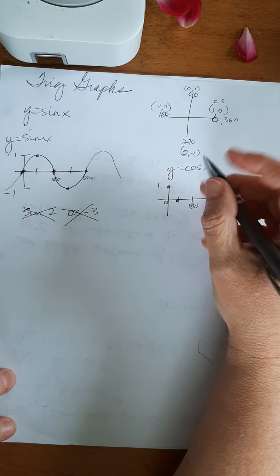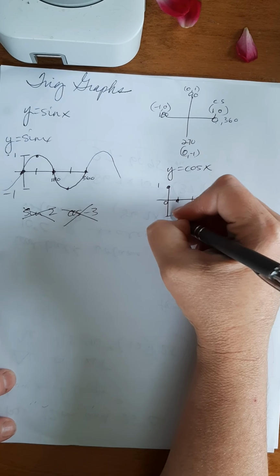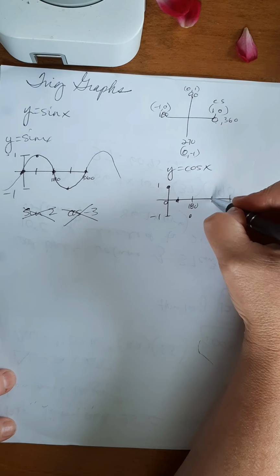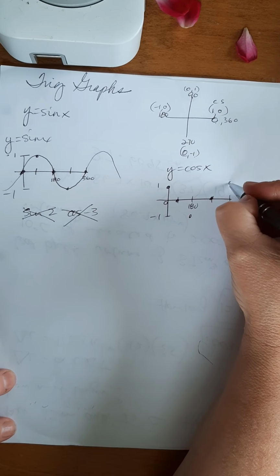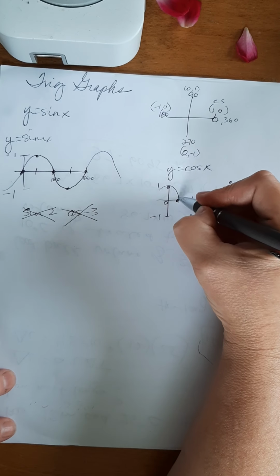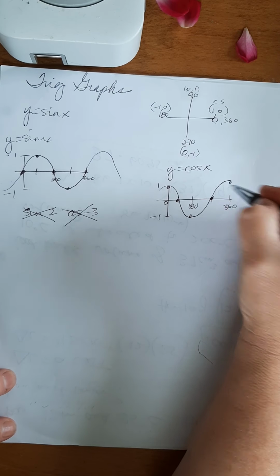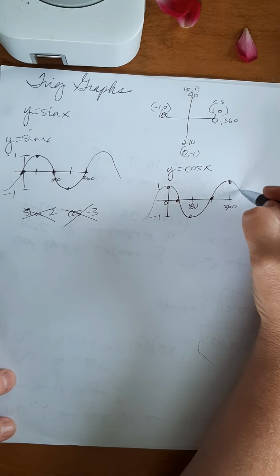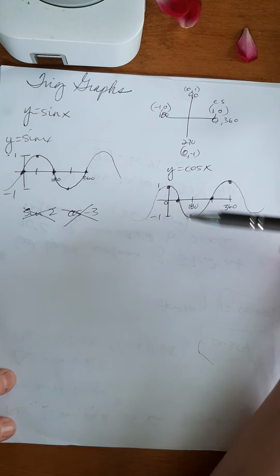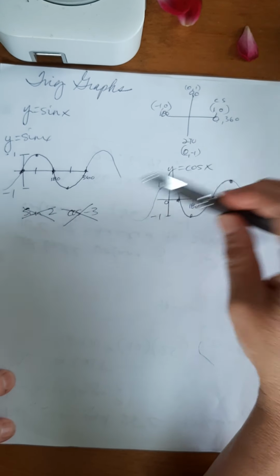Cosine of 180, negative 1. 270, 0. 360, back to 1. And if you did the curve, notice how it looks like this. Now remember, it keeps on going forever, fluctuating between 1 and negative 1.